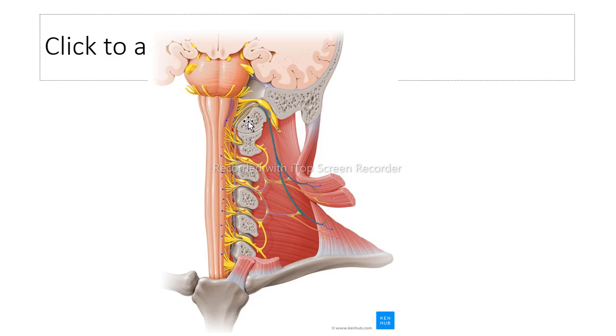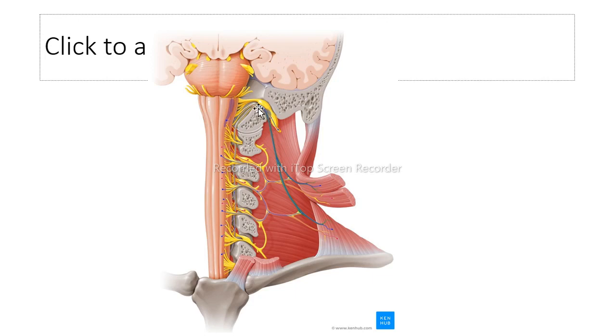It has two parts: this is the spinal part and this one is the cranial part. The spinal part goes upward, passes through the foramen magnum, and unites with the cranial part of the accessory nerve.